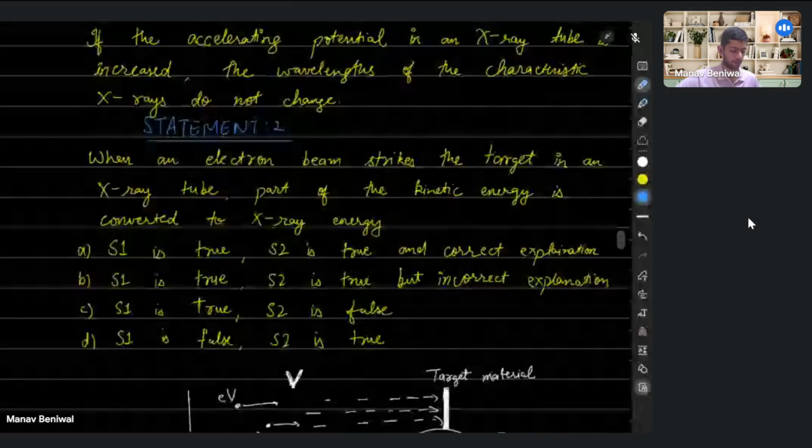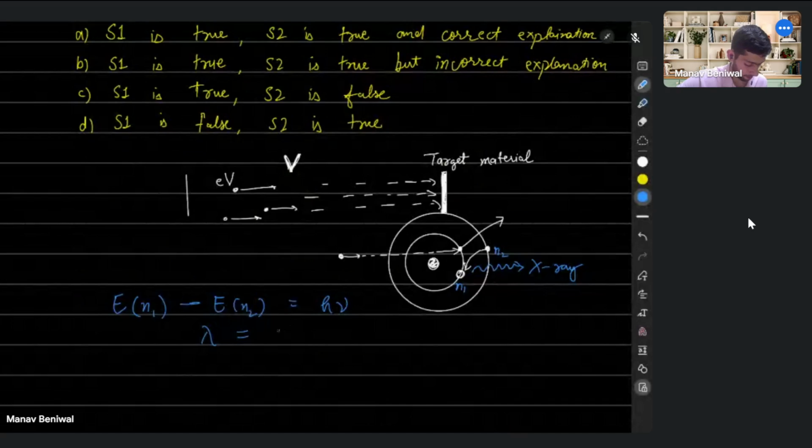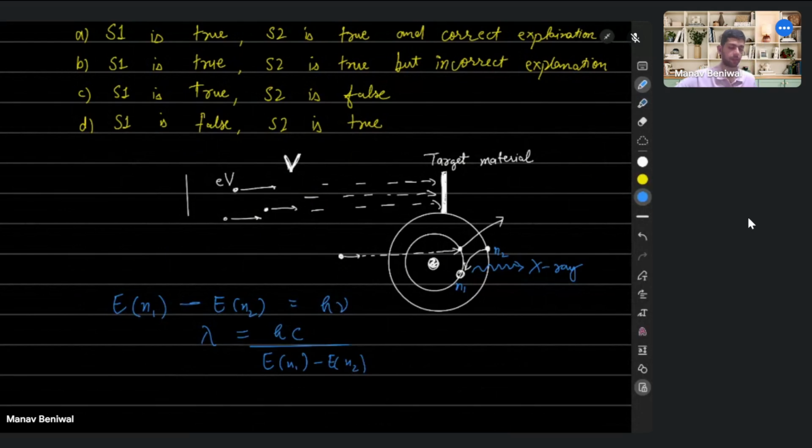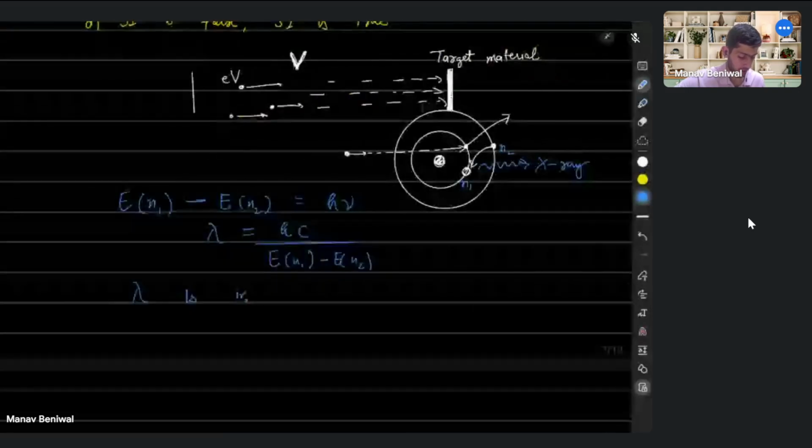We are asked wavelengths, so this lambda we can write as hc over (E_n1 minus E_n2), and therefore you can see that lambda is independent of V.